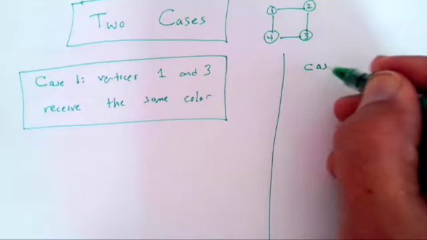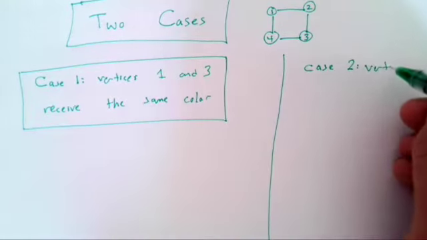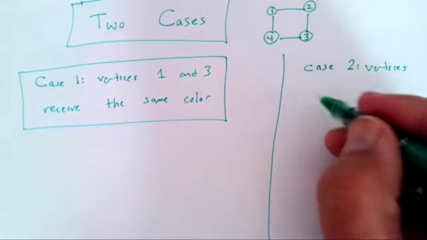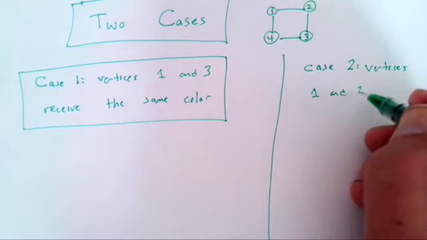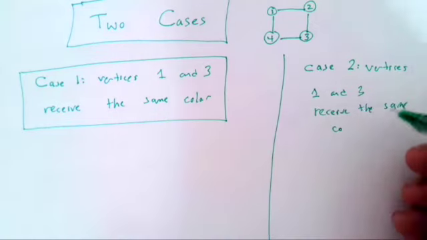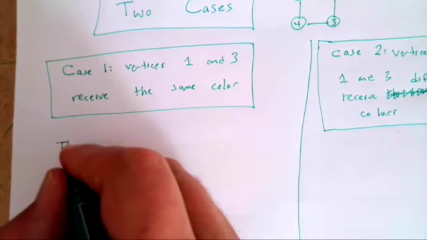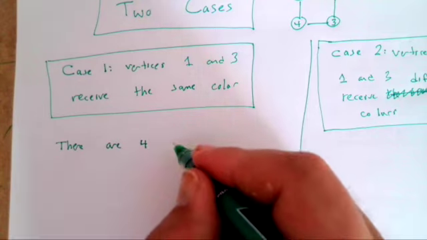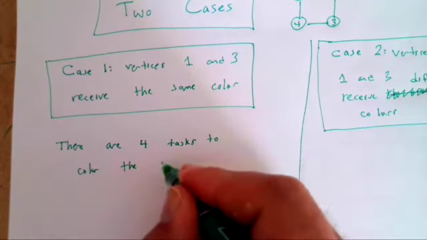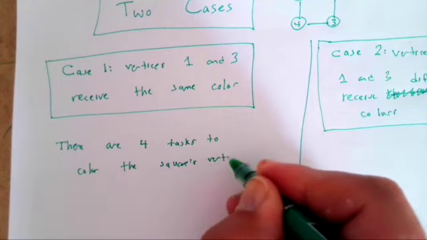The second case is that vertices 1 and 3 receive different colors. Notice that covers all of the different cases.